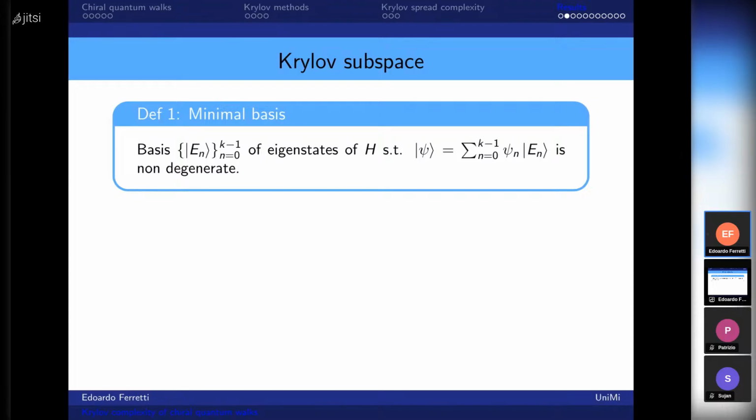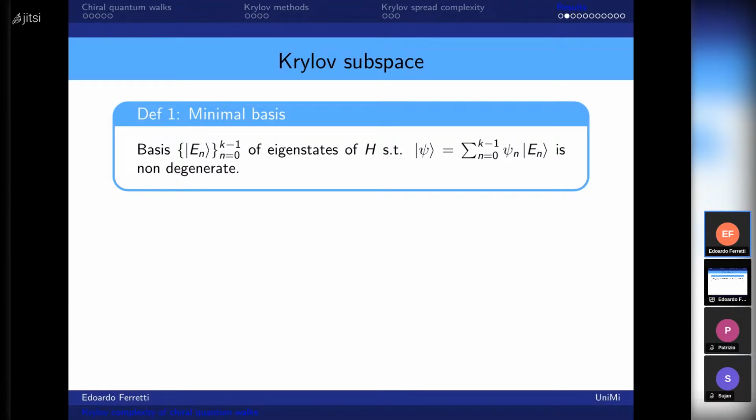And I give this definition because it becomes useful for the time being to restrict ourselves to a specific basis of eigenstates of the Hamiltonian, because in literature, many times only non-degenerate Hamiltonians are considered, but actually the degeneracy of the Hamiltonian is what makes the Krylov reduction method work. So it's useful to talk about it.